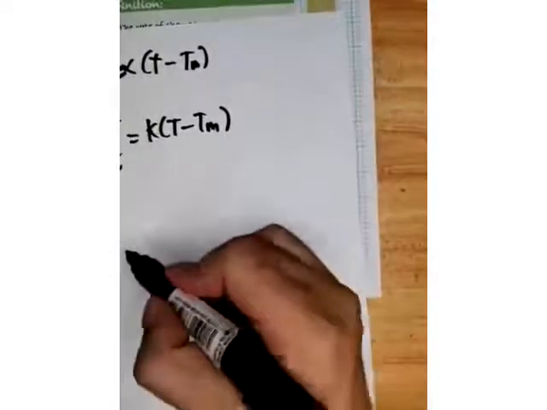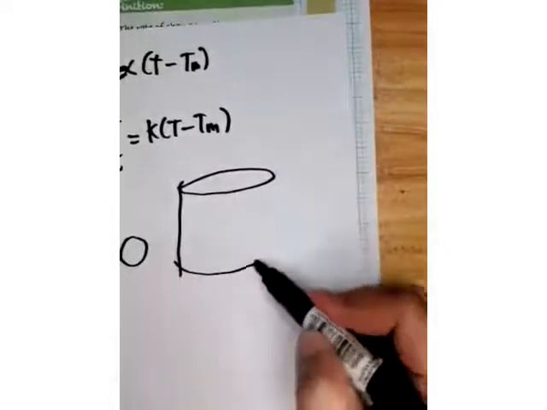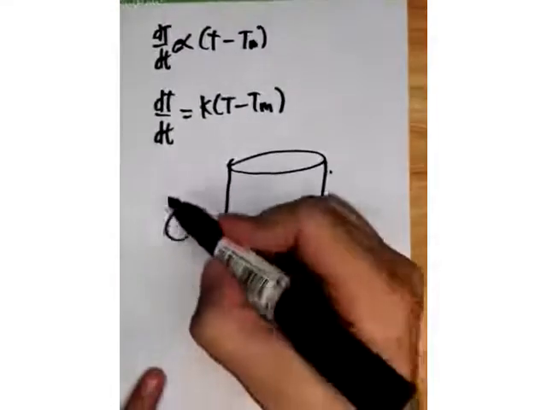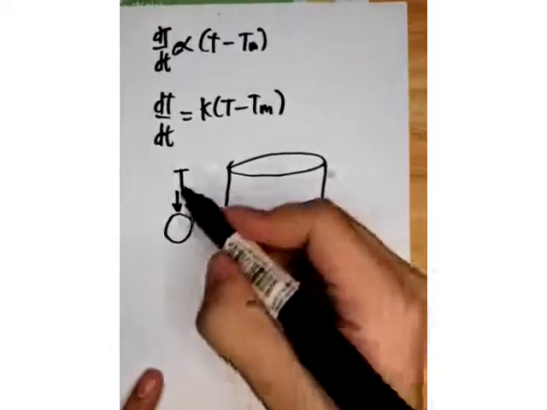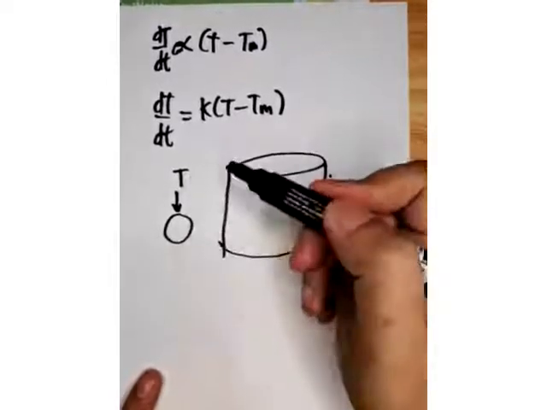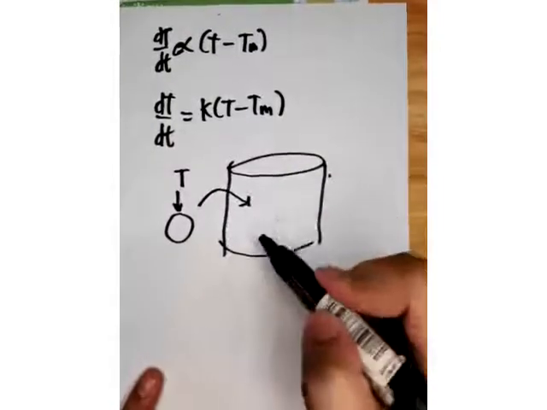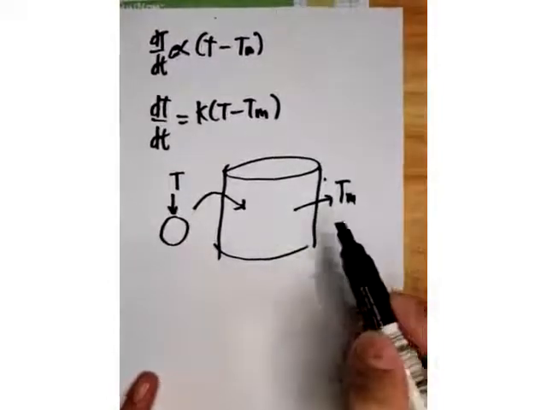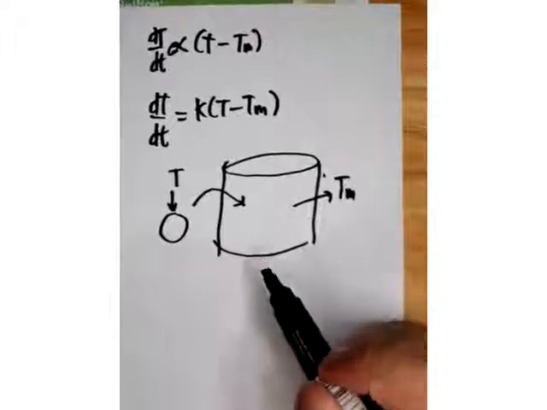So example, I have an object and then let's say I put it in a place where the temperature is different. So halimbawa, I have T dito. So yung temperature ng object natin is T, and then ilalagay natin yung object dito sa isang container na merong different temperature Tm. So this is somewhat related to your thermodynamics.